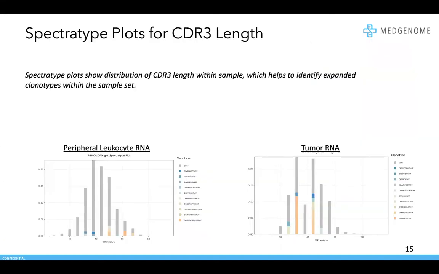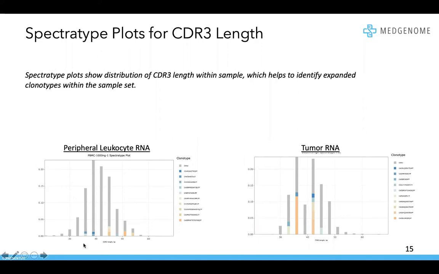So next, I'm going to discuss some of the analysis options that we can provide for TCR and for BCR. The first thing that I'll show is these spectratype plots for CDR3 length.